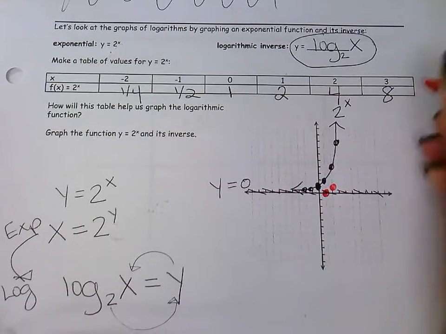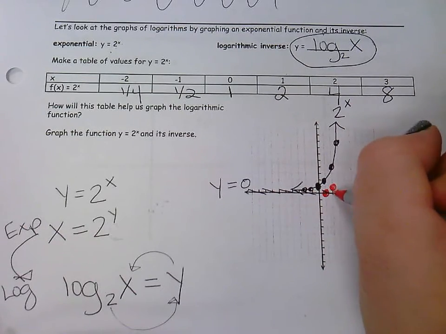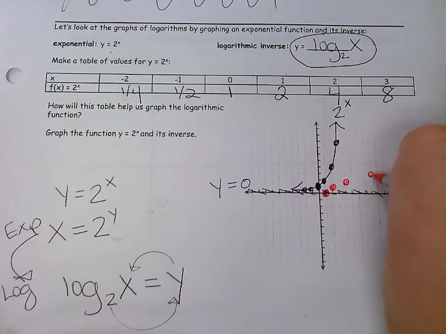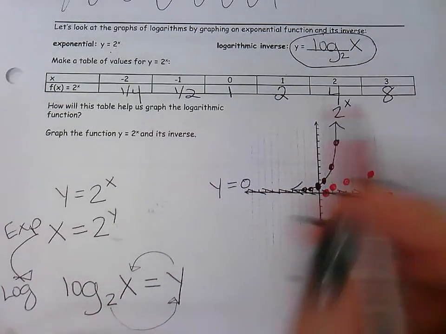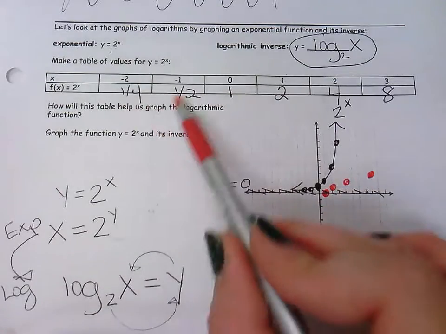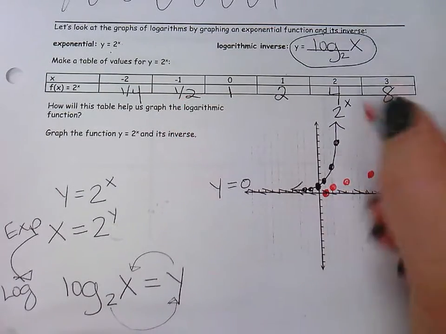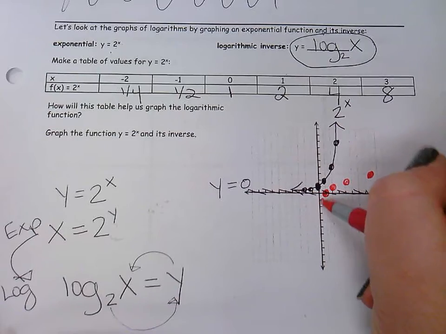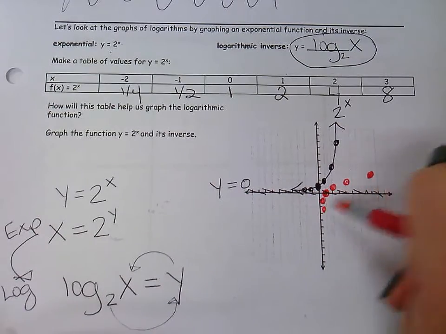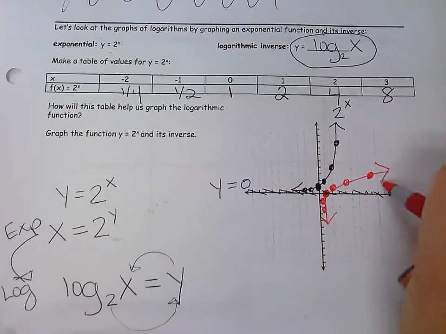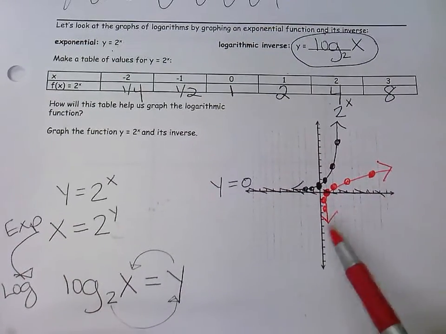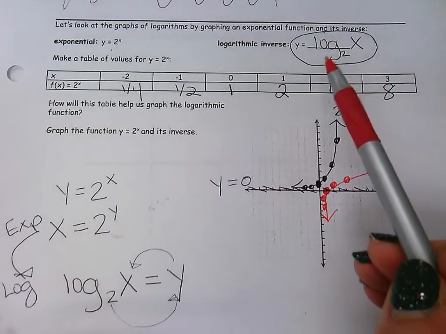And then 4, 2. And then 8, 3. So there's that part of the curve. This side of the function is a little bit more challenging. You go to 1/2 on the x-axis, -1. So you're going down pretty steeply over here. So there's my parent log function for 2 to the x, or log base 2 of x.